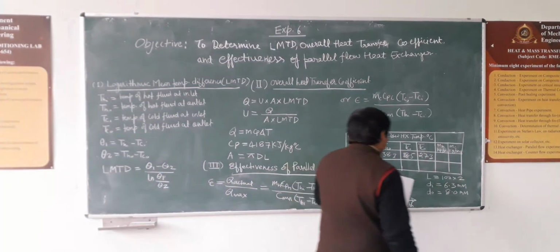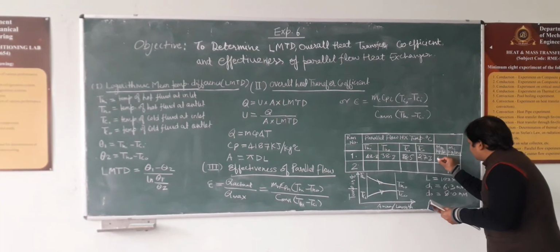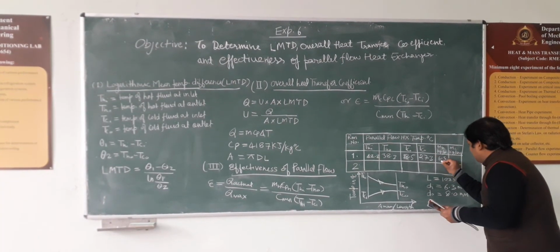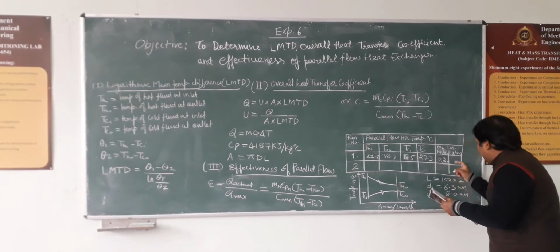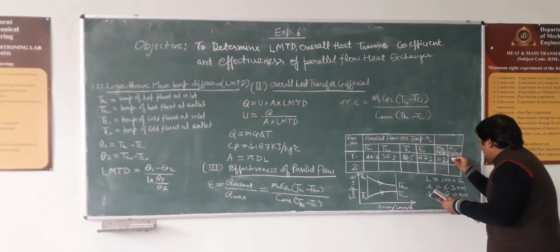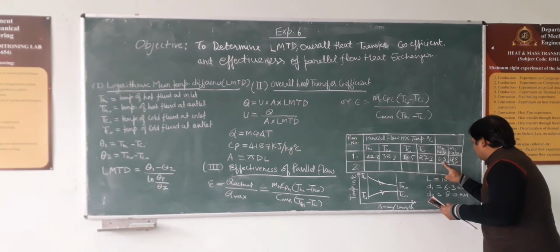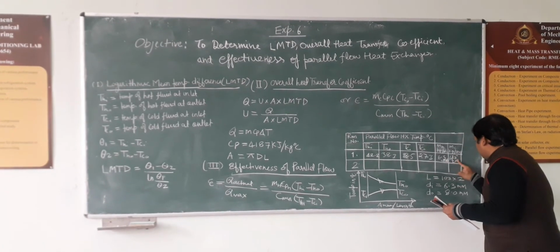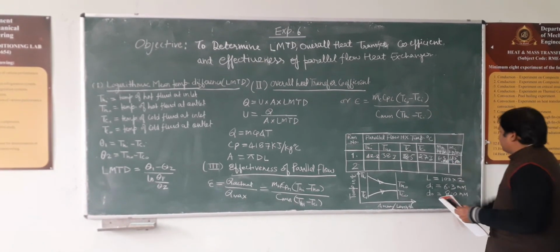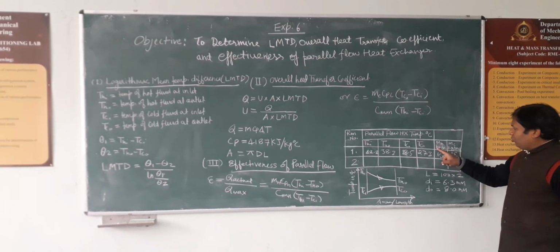Okay, and we have got the mass flow rate of hot fluid, that is 6.5, in liter per minute, remember that. And the mass flow rate of cold fluid is 4.5 liter per minute, LPM. Yes, remember you have to convert this liter per minute into kg per second, right?